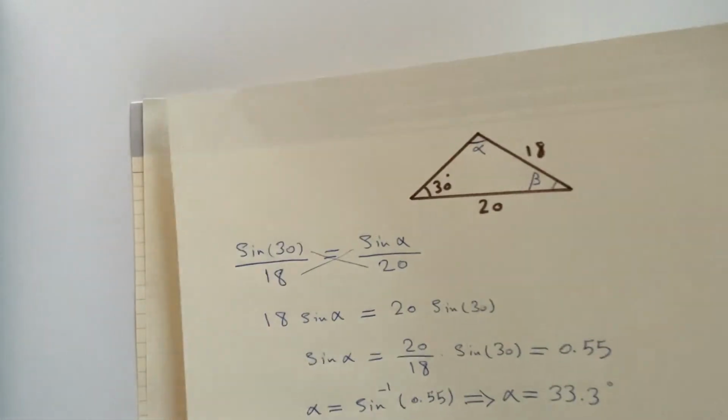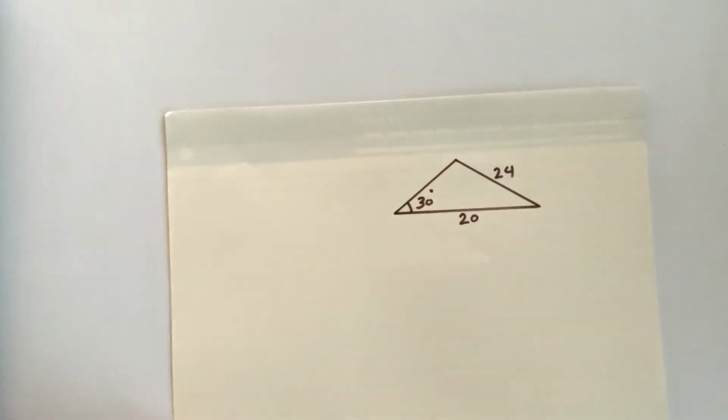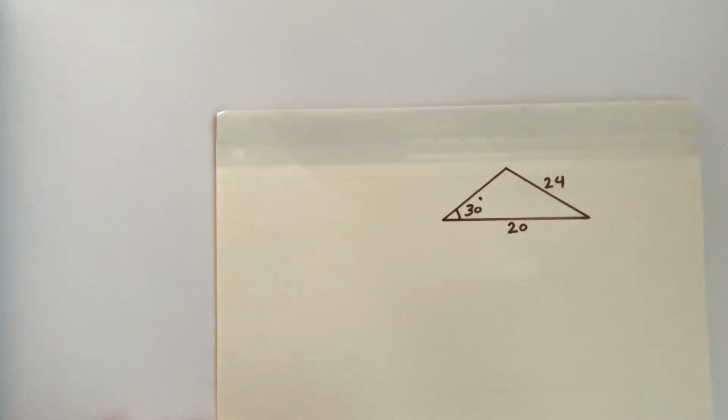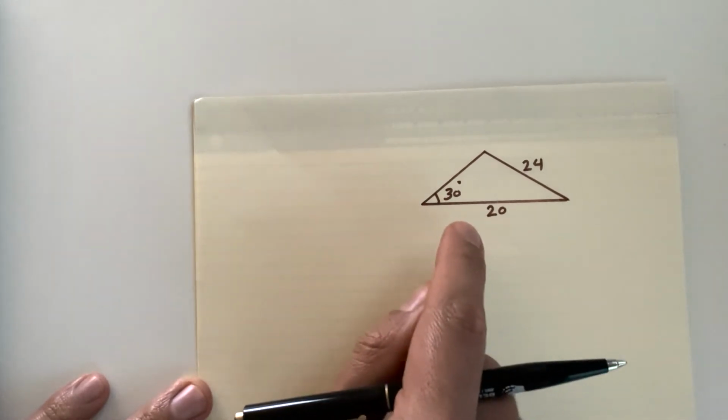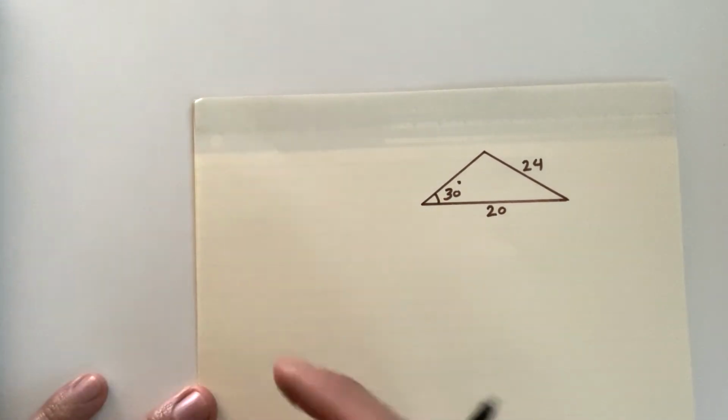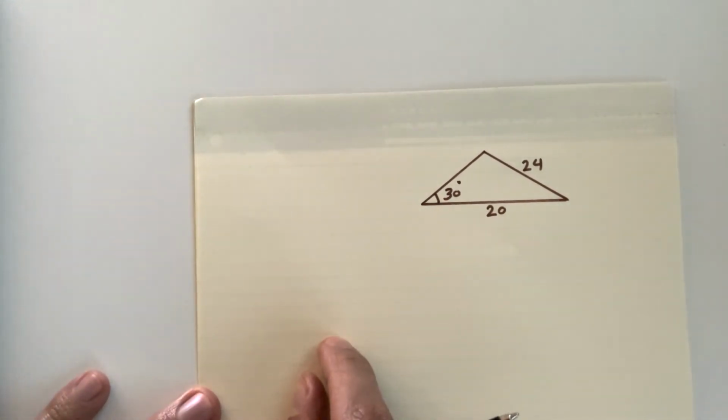Now let's take a look at another example. What if we look at this characteristic for our triangle, and how many solutions will we have? Again, we follow the same process.